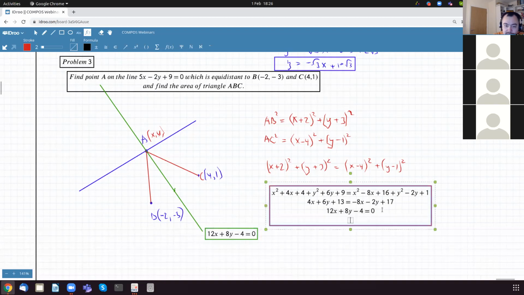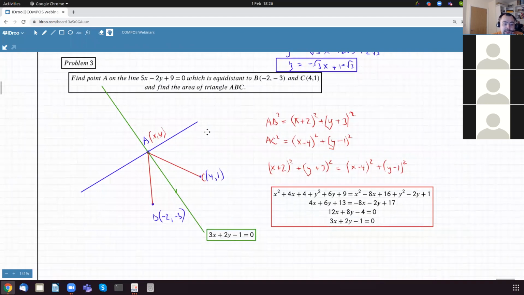It can be simplified, dividing by 4, to 3x plus 2y plus 1 equals 0. So that's 3, that's 2, and that's 1.